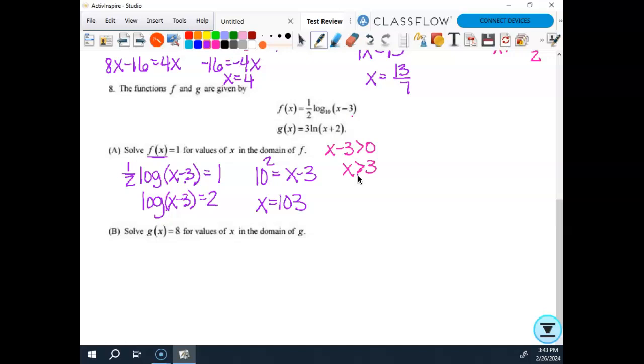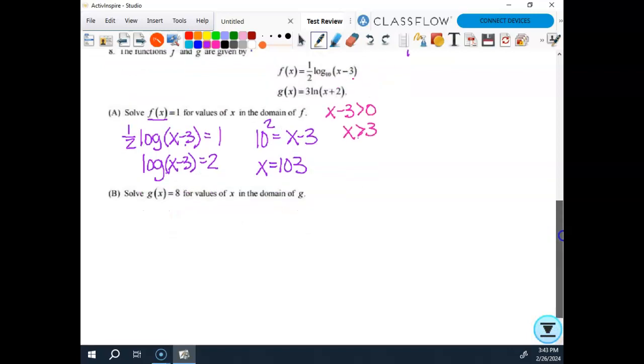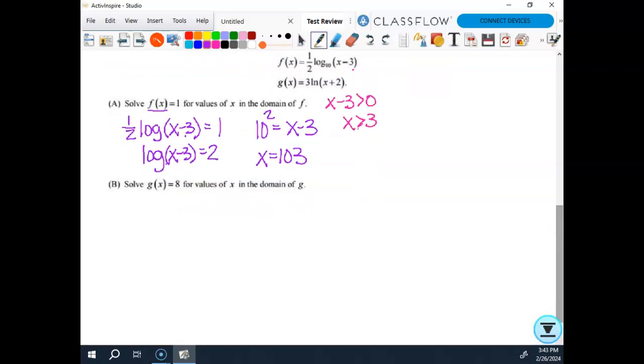And then I'm going to do the same thing here, but for g, well, not the exact same thing, I guess, same kind of thing. I've got to check my domain here, so x plus 2 has to be greater than 0, so x has to be greater than negative 2. Then I want g of x to equal 8, so 3 times the natural log of x plus 2 equals 8.